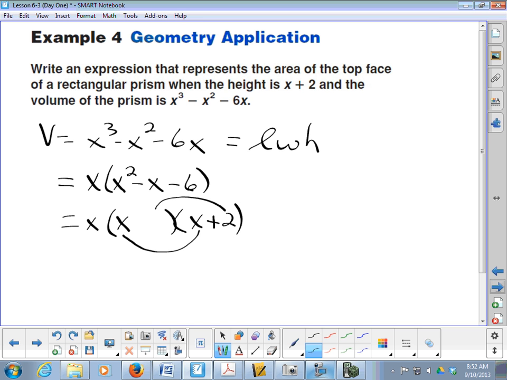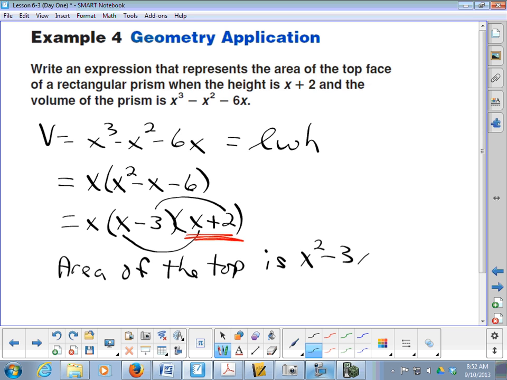So 2 times what is negative 6? Negative 3. So if this represents my height, then the area of the top is x squared minus 3x. Right? This times this.